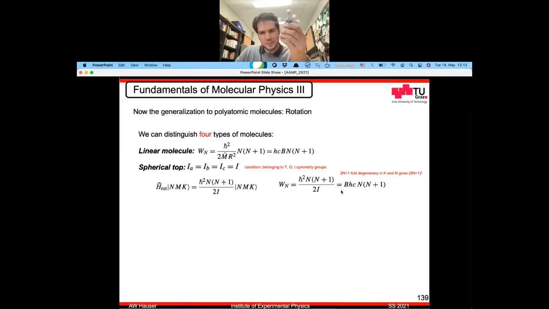And it doesn't matter how my vector of angular momentum is positioned with respect to some internal symmetry axis, which I pick as my axis of reference.